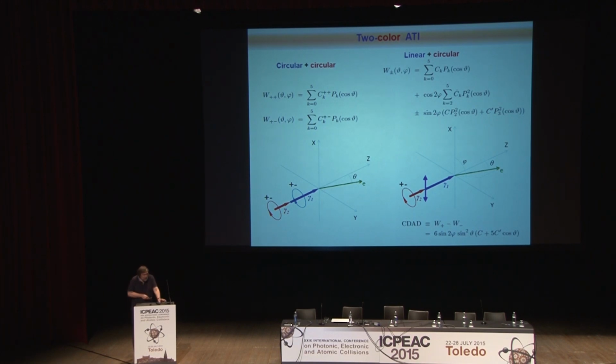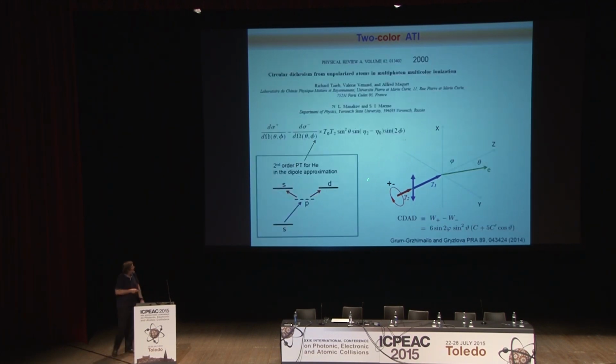We can compare it with what is known, actually. This was a paper by a French-Russian group of theoreticians. This was helium, and this is the dipole approximation, the same story. If we compare this expression with our first term, we see that they're just identical.